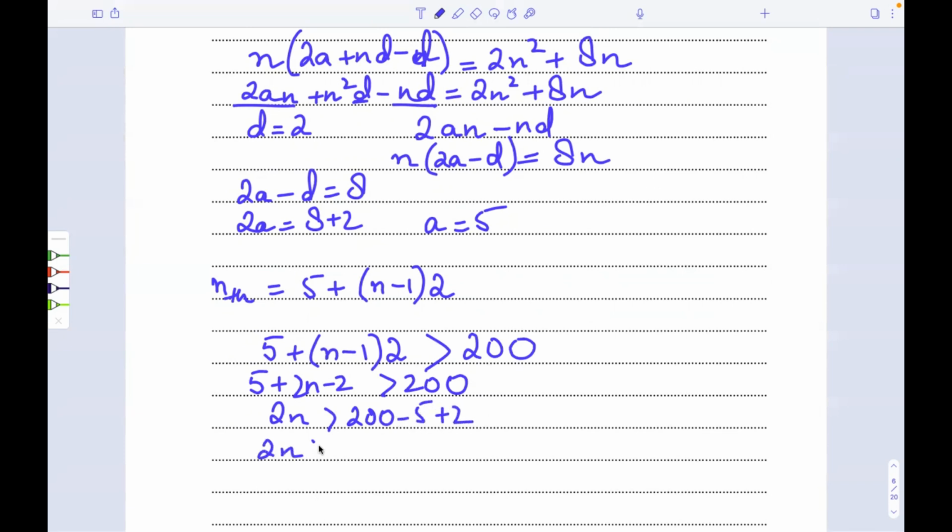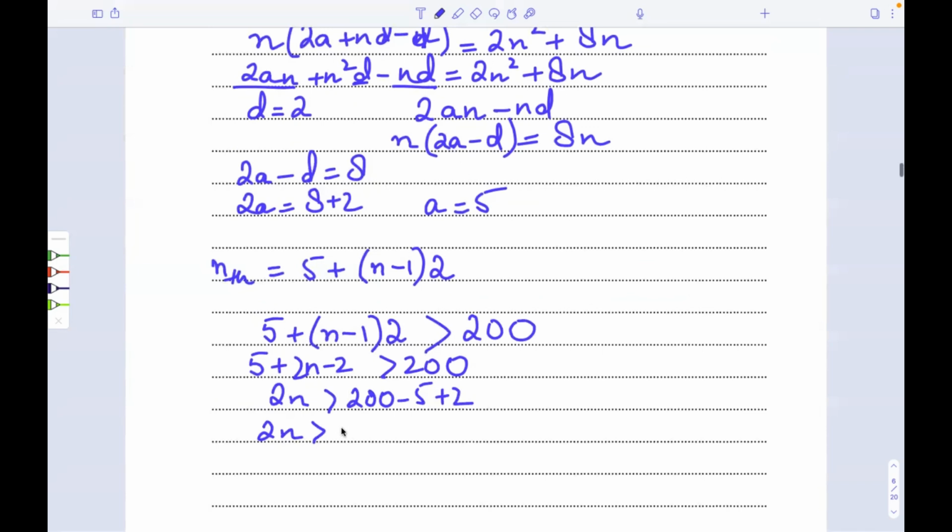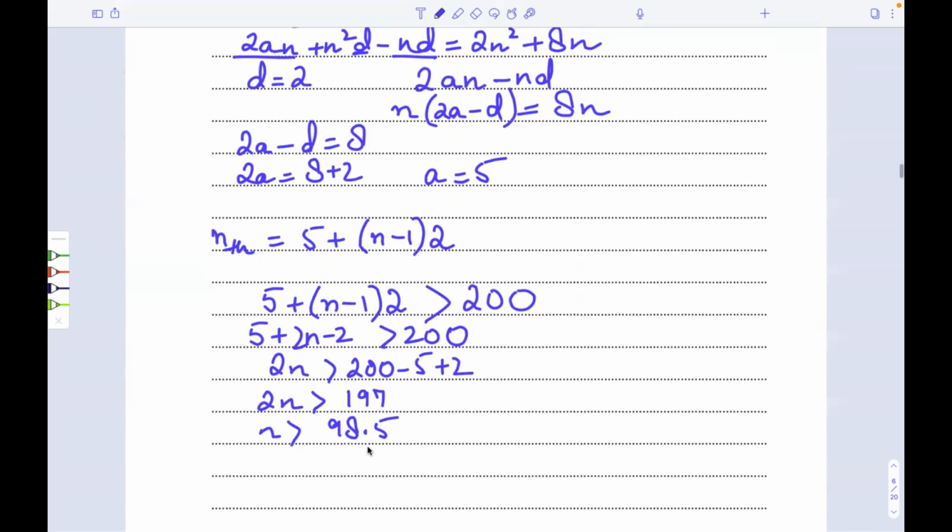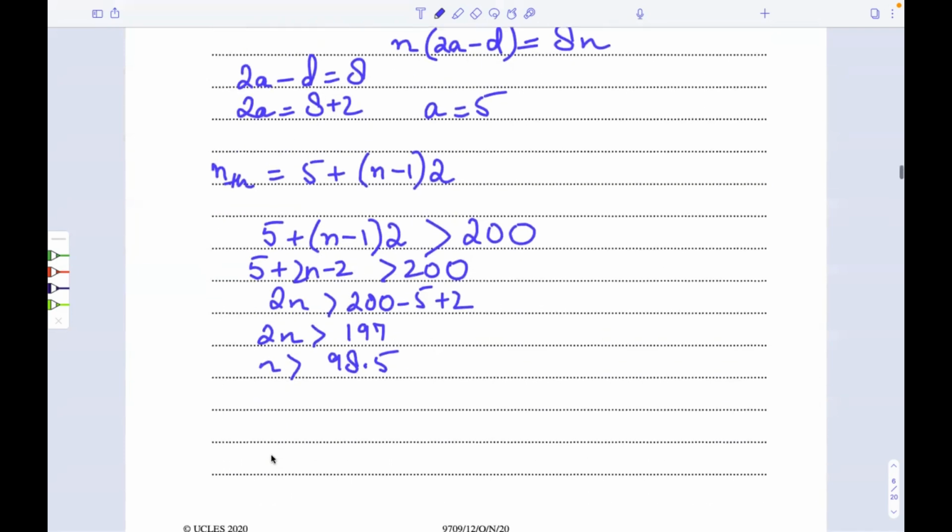So 2n is greater than 197, and n is greater than 98.5. As n is an integer and it is greater than 98.5, n should be equal to 99.